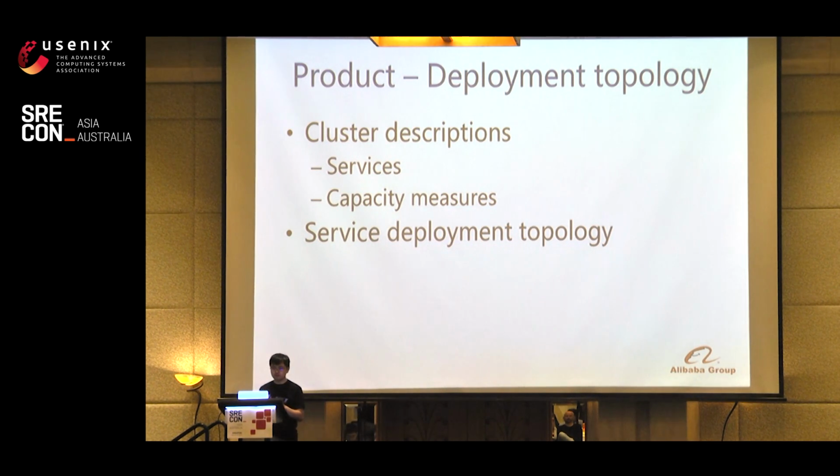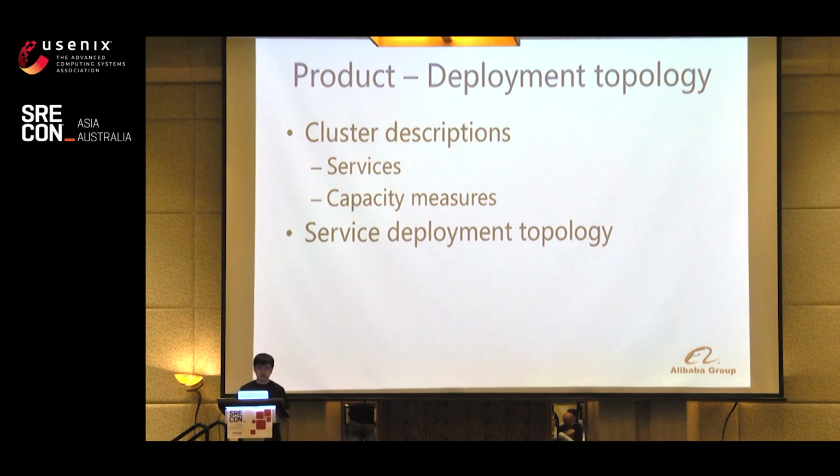So we make them capacity measures. The backend implementation is that we have some automated tool to transform this kind of business measures into the physical measures, like how many vCPU are transformed into how many real servers, how many IPs or how much network bandwidth we need, just something like this.